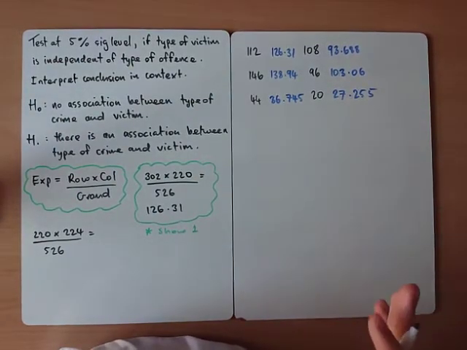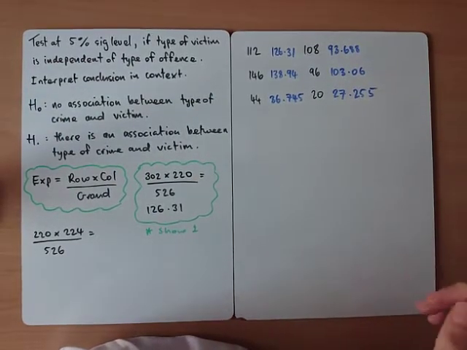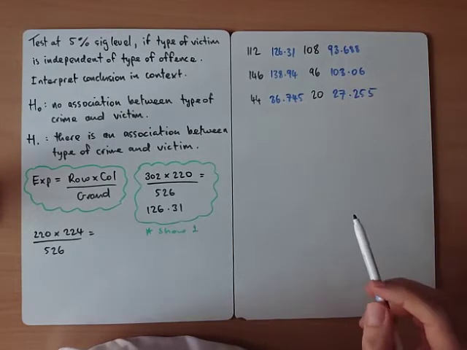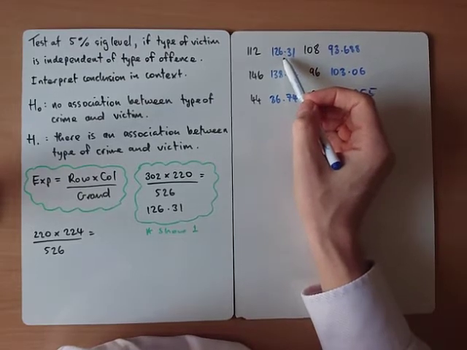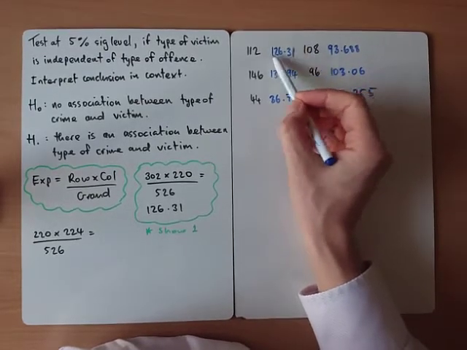So what's going on when we do this? Instead of just getting lost in the numbers, pause for a second and think about what we're actually doing. The expected value is exactly what it means: what you would expect to happen.